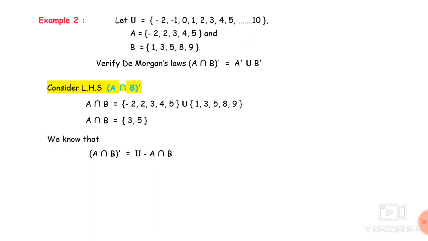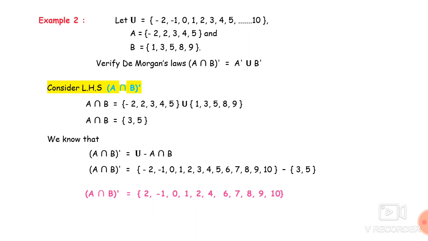To find the complement, we just subtract A intersection B from the universal set. Write the universal set first, then the set A intersection B. Cancel out the common elements and write down the remaining elements of only the first set. We will get the left hand side. This is equal to -2, -1, 0, 1, 2, 4, 6, 7, 8, 9 and 10.